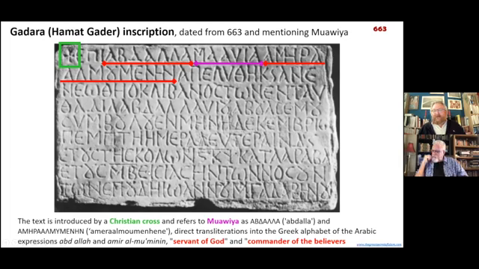But what do we see here? We see a Greek inscription. This is not an Arabic inscription. This is a Greek inscription with a Christian cross, which means that Muawiyah's administration, Muawiyah's power, was not an Arabic power, was not completely Arabic.